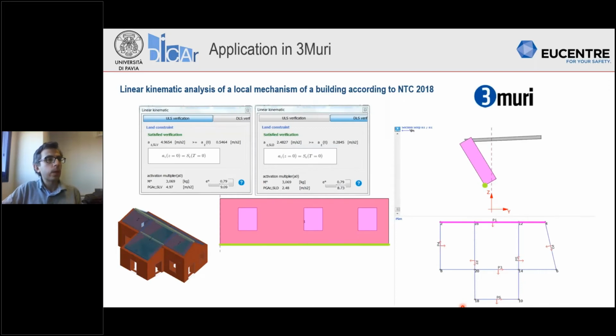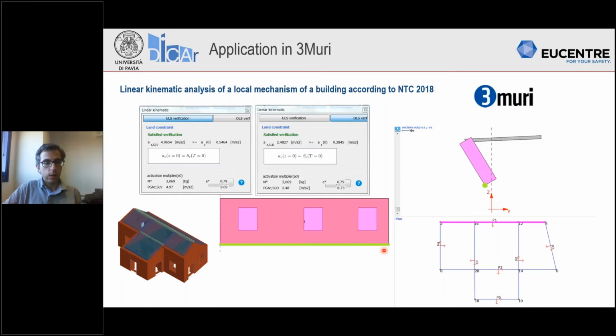Also, in the case of the verification of the out-of-plane mechanism, the software Tremori is able to perform this verification in terms of the linear kinematic analysis. Here you can see again a very simple building. Let's imagine that we want to check the out-of-plane behavior of this wall, which is that one in a plan view.